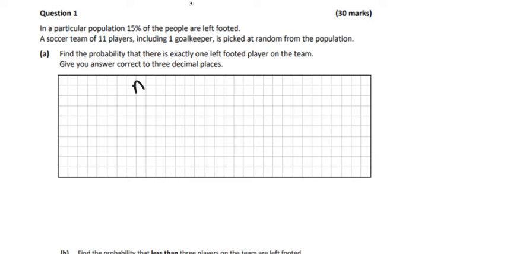So it's n choose r, and then it's p to the power of r, and q to the power of n minus r. So p is the probability of favorable outcomes.